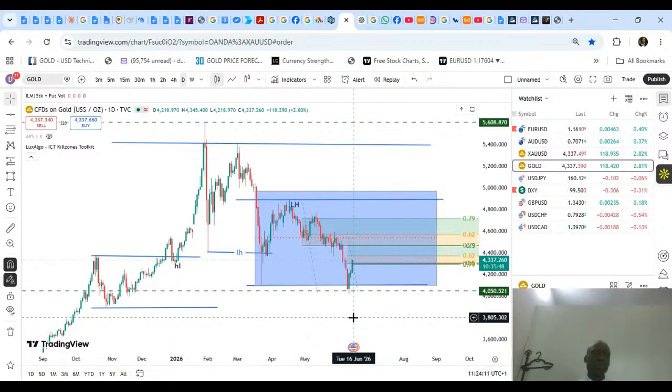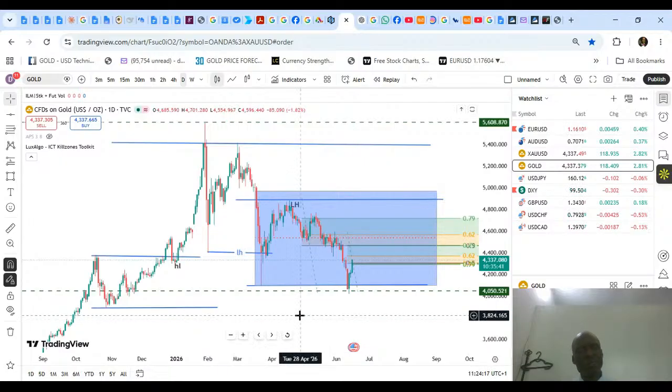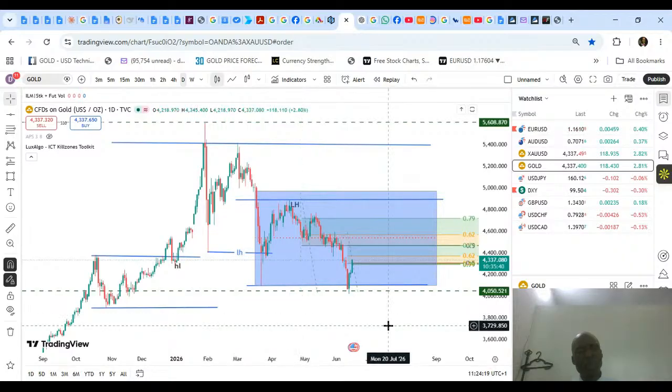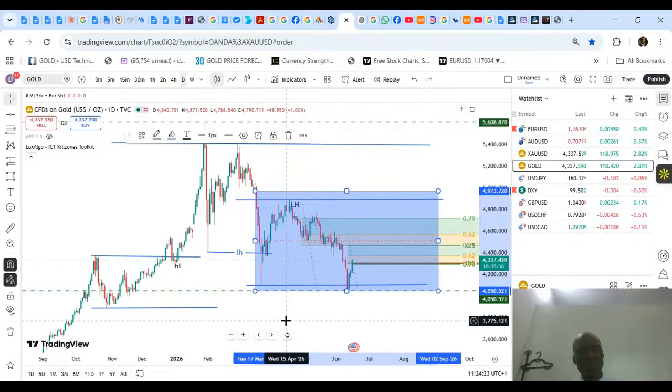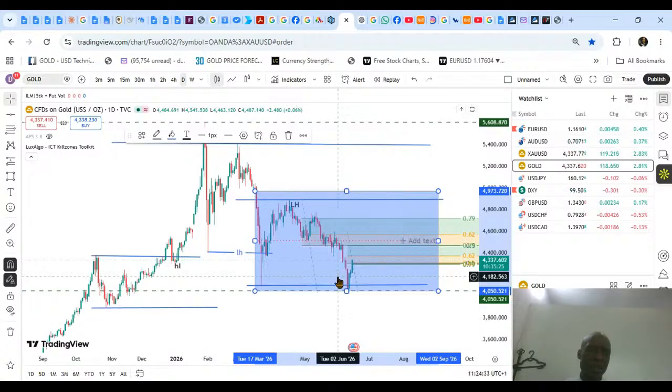And then the next thing we do in the smart money concept is to identify the premium and discount zones. So the discount zone is the place where the market is selling cheaper, while the premium zone is where the market is selling higher.